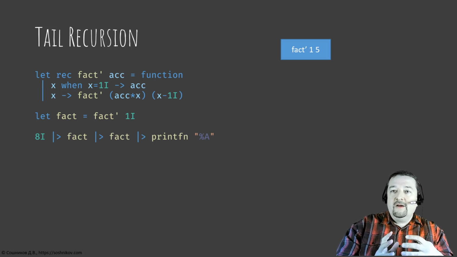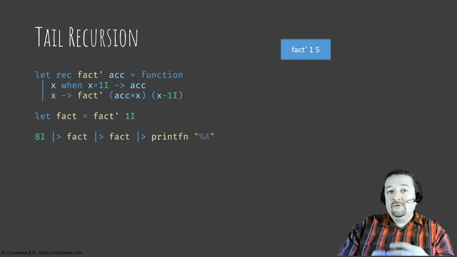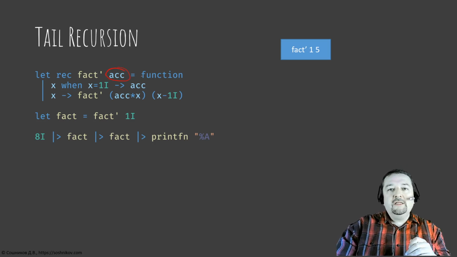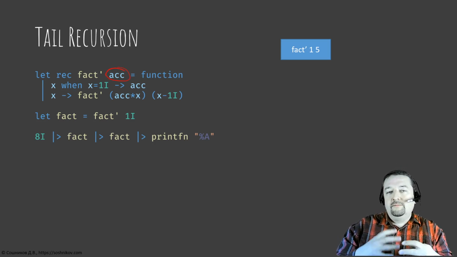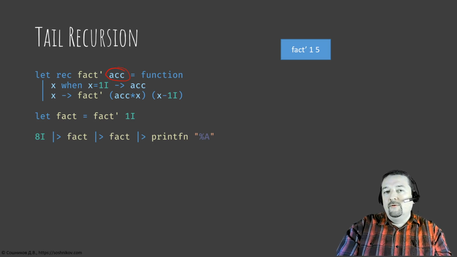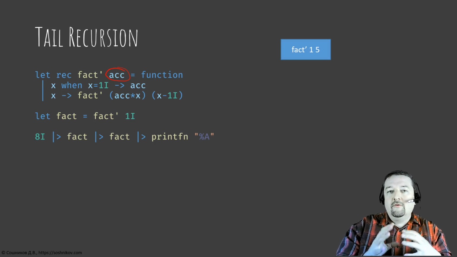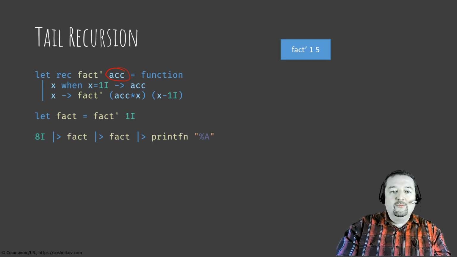So to change the function into a tail recursive function, we can use the following trick. We will introduce another parameter called accumulator, and this accumulator would contain the initial number. It would be like a variable for our normal for loop. Normally, if we have the for loop, we will multiply it by 1, 2, 3, 4, 5. So this would be the analog of the counter in the for loop.